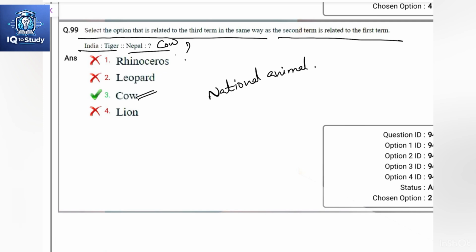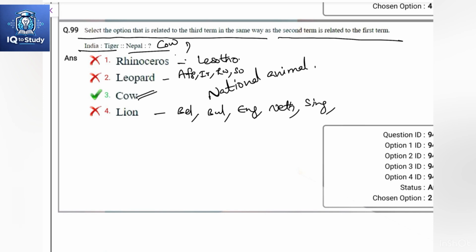And rhinoceros is the national animal of Lesotho and leopard is the national animal of Afghanistan, Iran, Rwanda and Somalia. And lion is the national animal of Belgium, Bulgaria, England, Netherlands, Singapore and Sri Lanka. So option 3, cow, is correct.